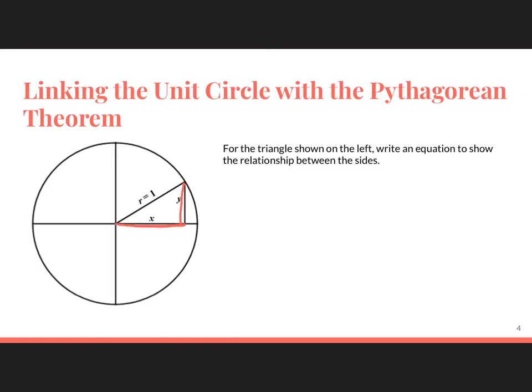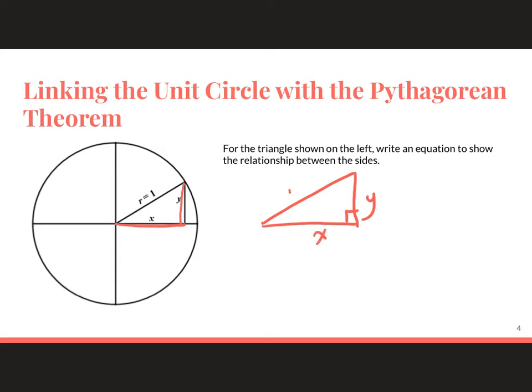It doesn't have to be specifically up or down or right or left, but for this general example, I'm moving some horizontal distance x and some vertical distance y. So I just drew a right triangle. I'm just going to draw that right triangle out just so I can see it a little bit clearer.